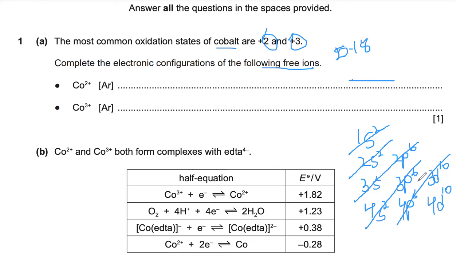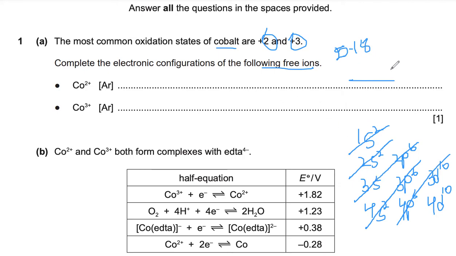So what we do is we write, in cobalt, which is 27, 4s2 and then 3d whatever that is. But when we are removing the electrons, we remove the electrons from 4s2, and then we move on to the 3d electrons, right?